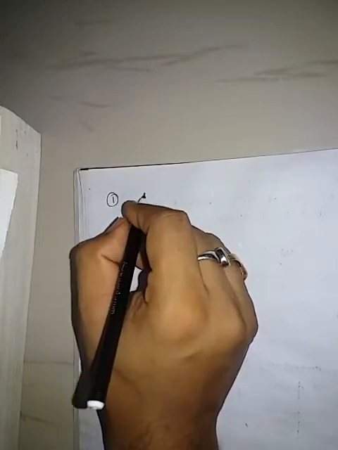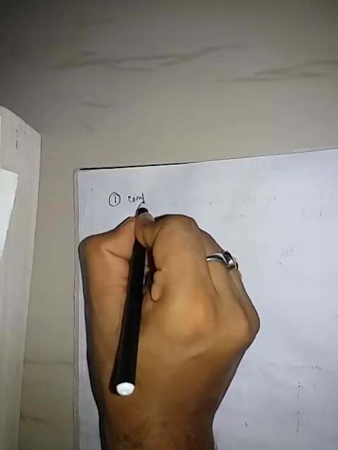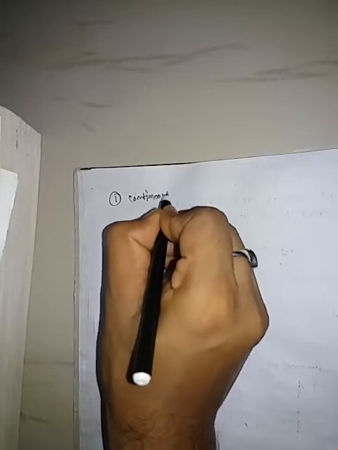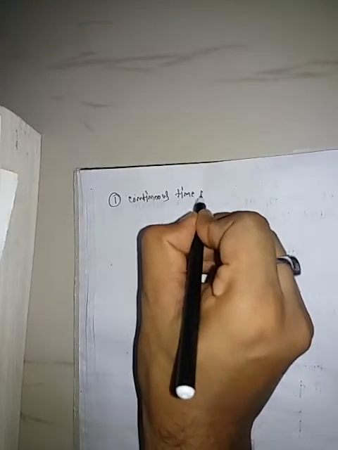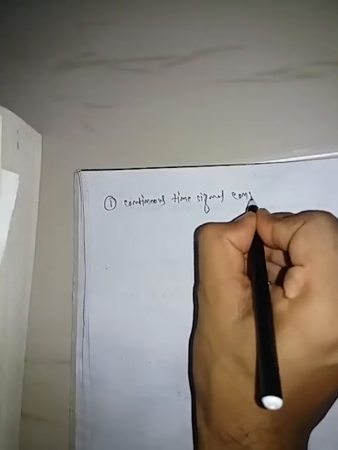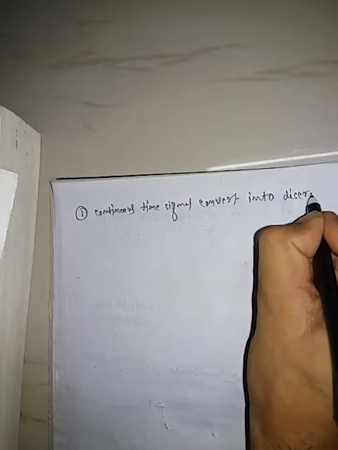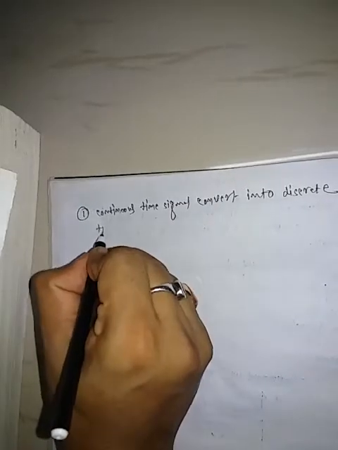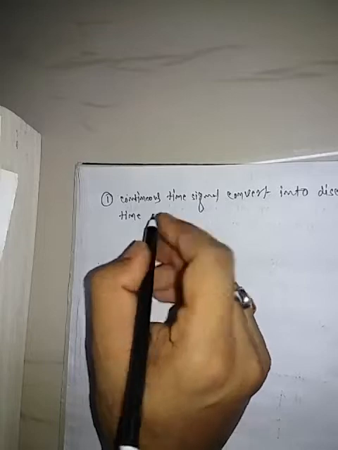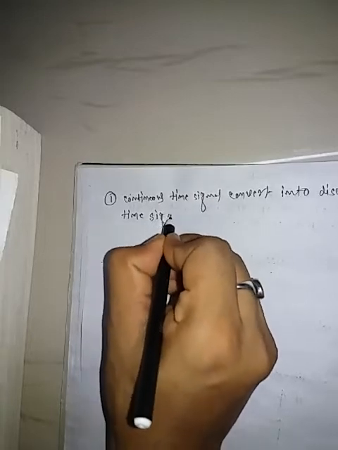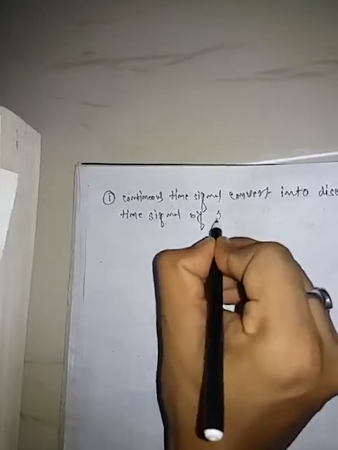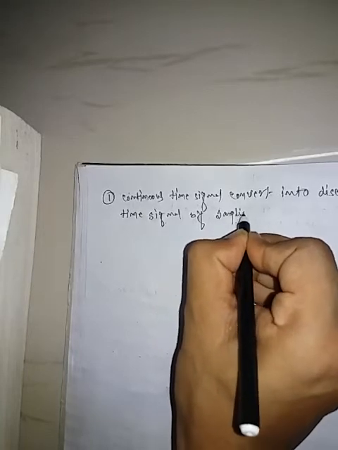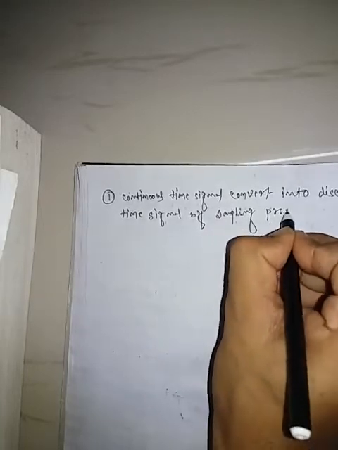First, the continuous time signal is converted into a discrete time signal by the sampling process.